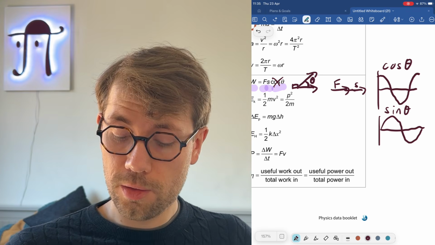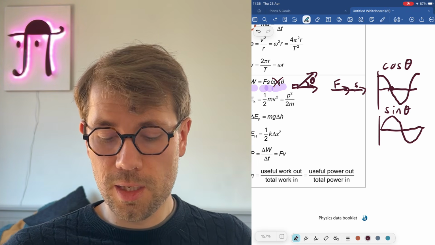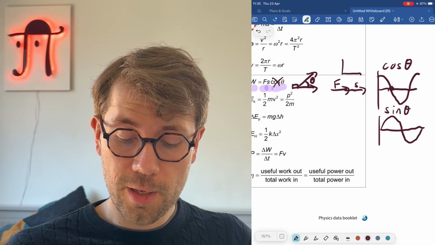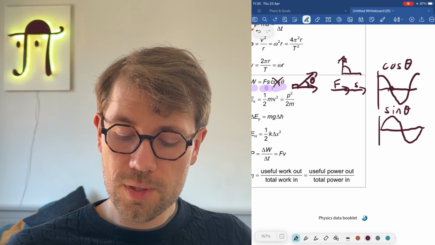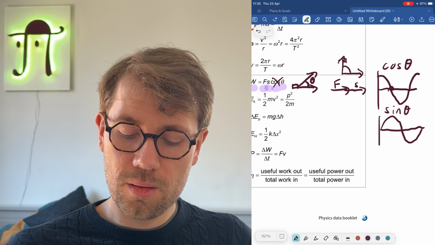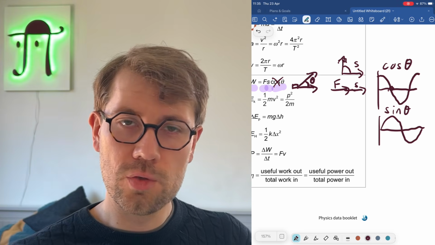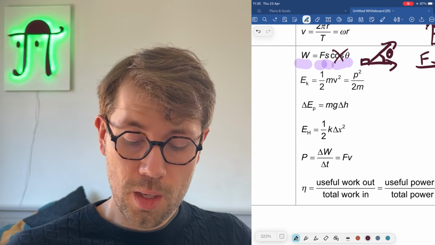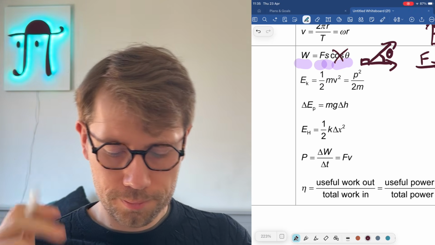Because if we imagine the cos function when it's equal to 0, that's when theta is 90 degrees. So if I have my force and my displacement at 90 degrees to each other, then there's no work done. There'll be no energy transferred. And that might come up in a multiple choice question as a way of trying to trick you.